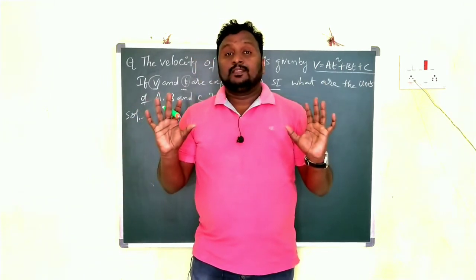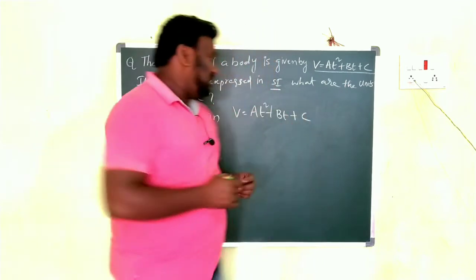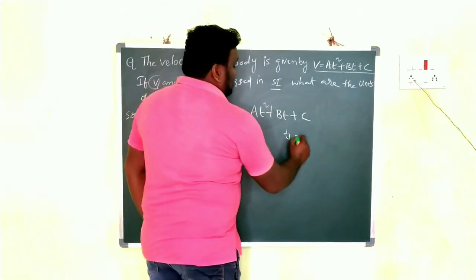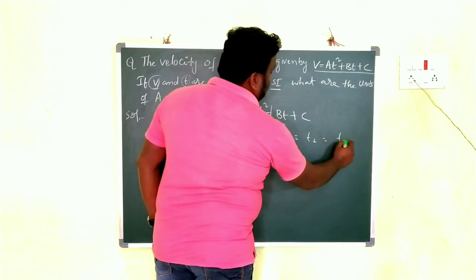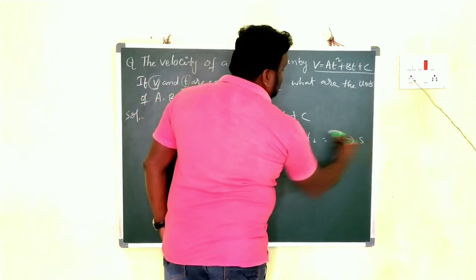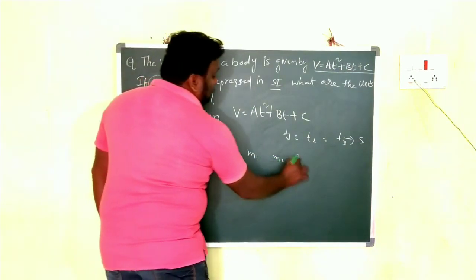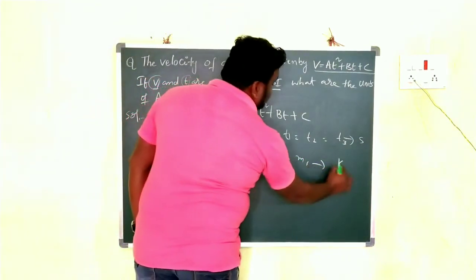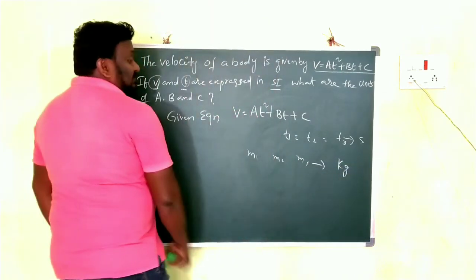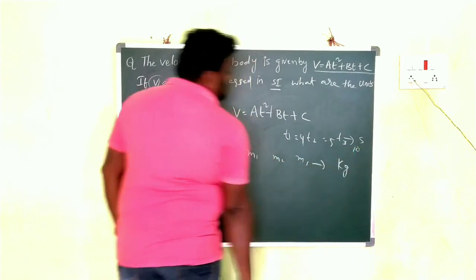Clear? I gave one example here: t1, t2, t3 are measured in seconds, and m1, m2, m3 are measured in kilograms. For example, t1 is 4 seconds, t2 is 5 seconds and t3 is 10 seconds.